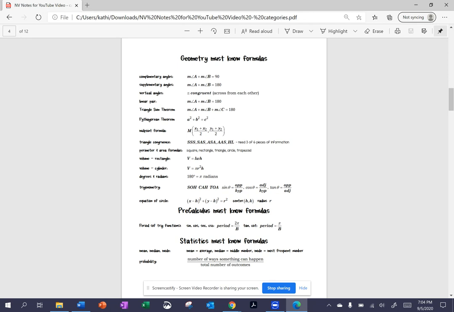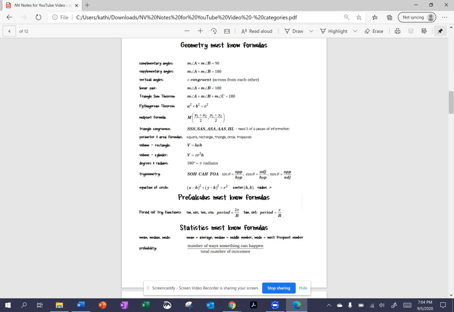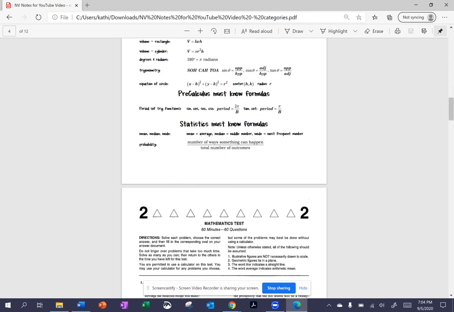From pre-calculus, the period of some trig functions. Statistics, I need to know mean, median, and mode, and probability.